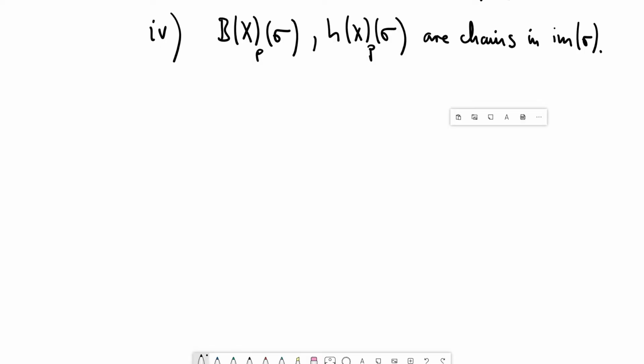A very important claim is that this construction really achieves what we aim at. We need a construction, that's the whole point of this barycentric subdivision operator.